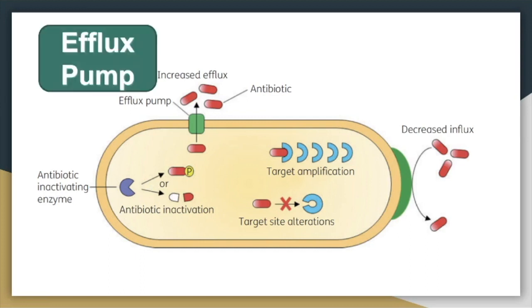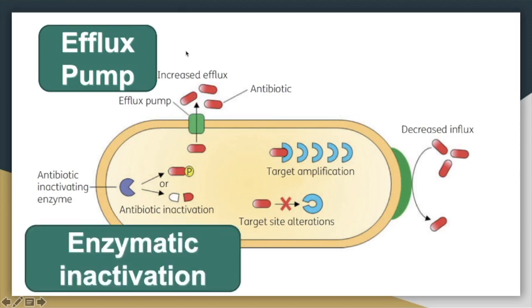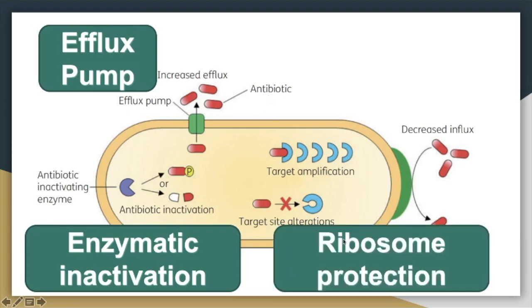All right, so a pretty common one is the efflux pump. As I just stated, the antibiotic goes into the bacteria, but this pump pushes it out. So thus the bacteria is resistant to whatever tetracycline we're looking at. Another example is enzymatic inactivation, but probably the most common and most prevalent mechanism of resistance is ribosome protection.